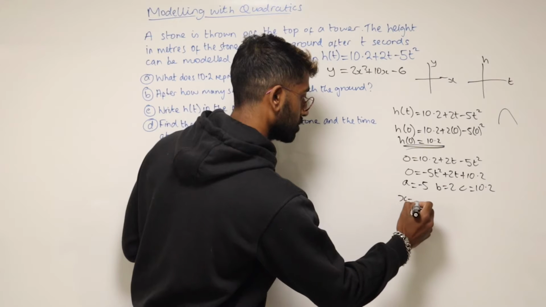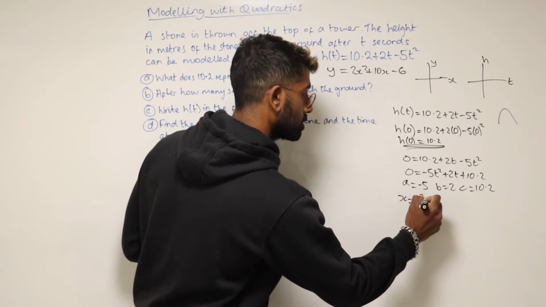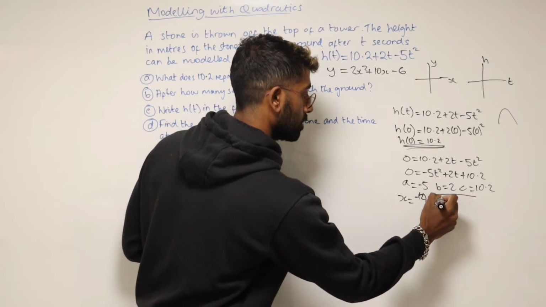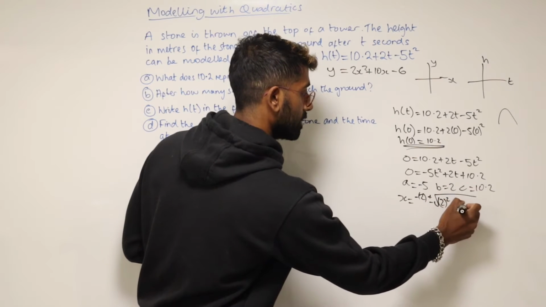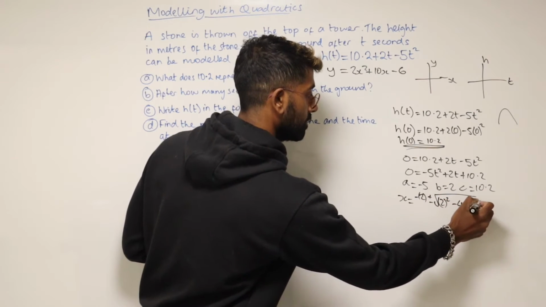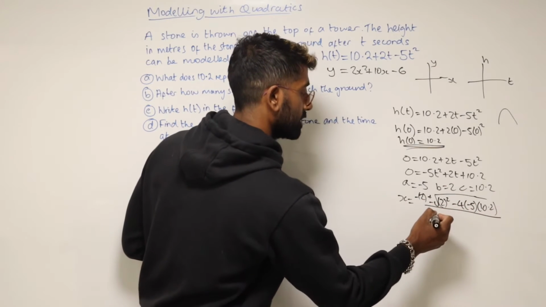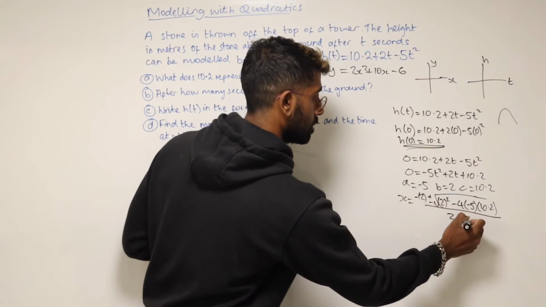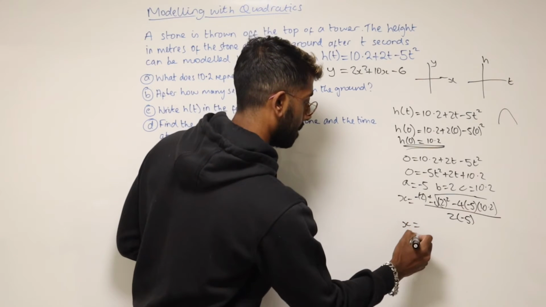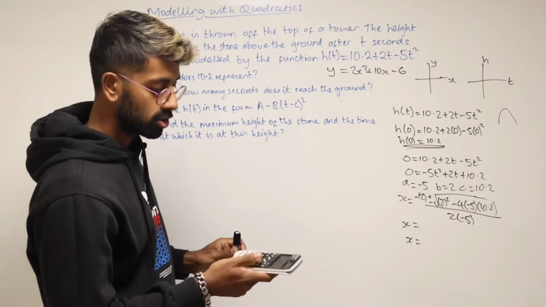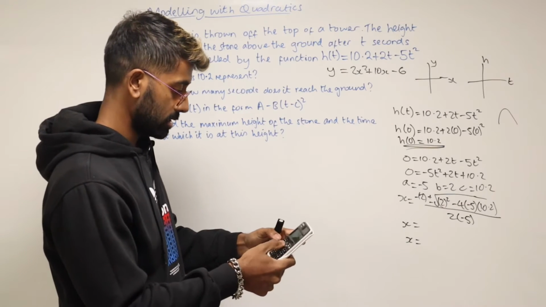So we'll have x is equal to minus 2 plus or minus the square root of 2 squared minus 4 times minus 5 times 10.2, and then divide that all by 2 lots of minus 5. So if you pop that into a calculator, we should get 2 answers. So let's find out what we get.